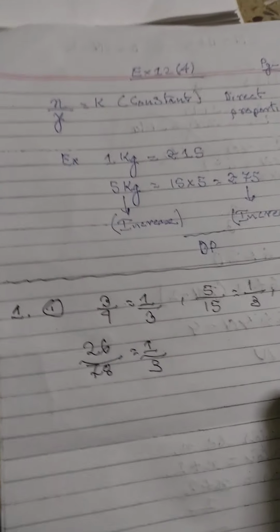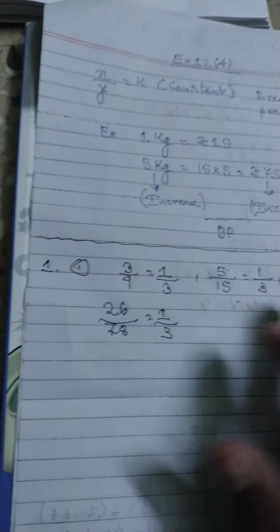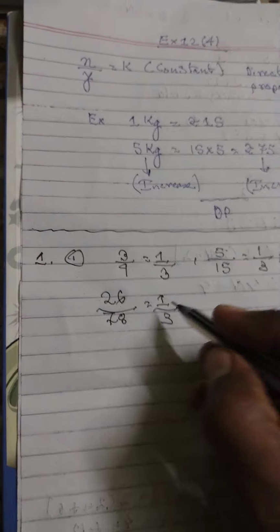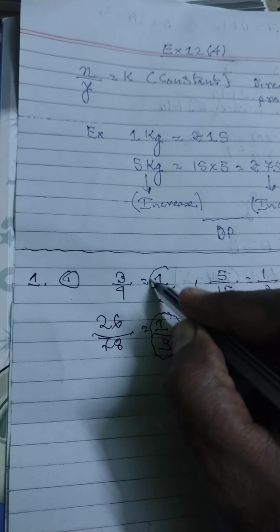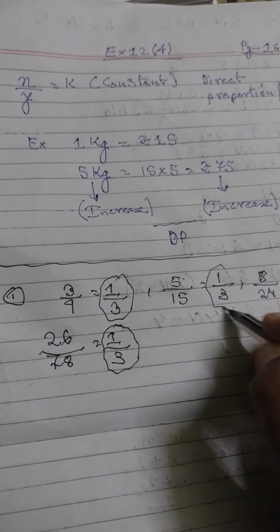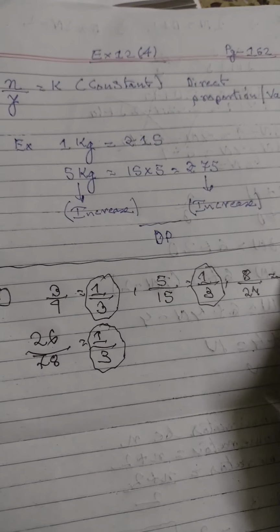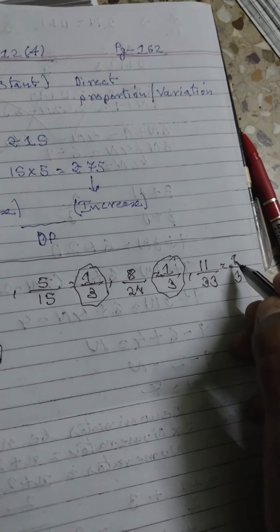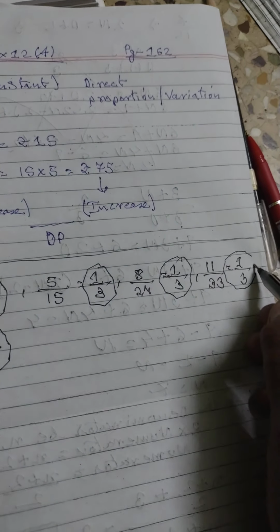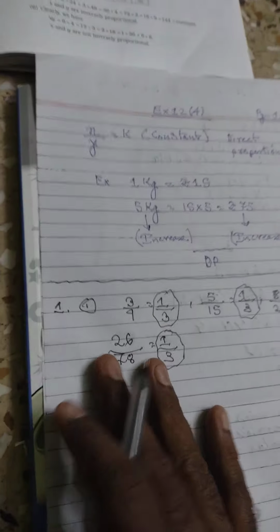Now you see in all the 5 cases, the constants are the same. It is 1 by 3, 1 by 3, 1 by 3, 1 by 3, and also 1 by 3. As the constant is the same, we can say that it is in direct proportion.